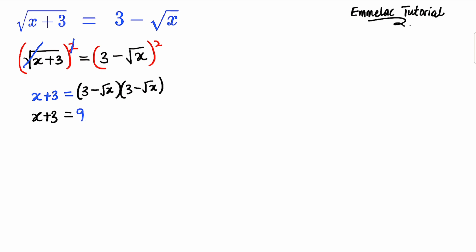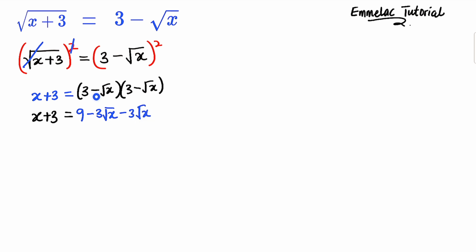Then minus 3 times the square root of x, that will give us minus 3 square root of x, and negative the square root of x times 3 will also give us the same thing. So here we have negative 3 square root of x.